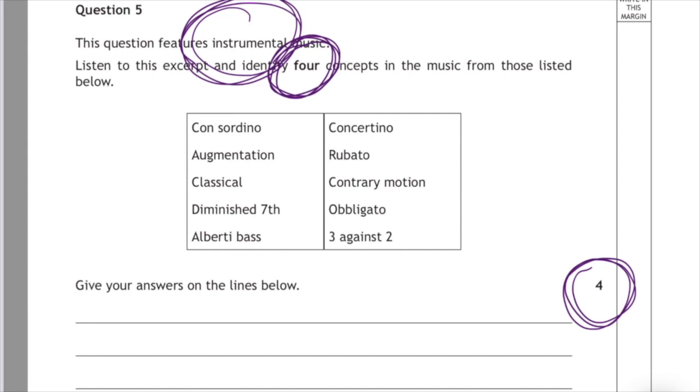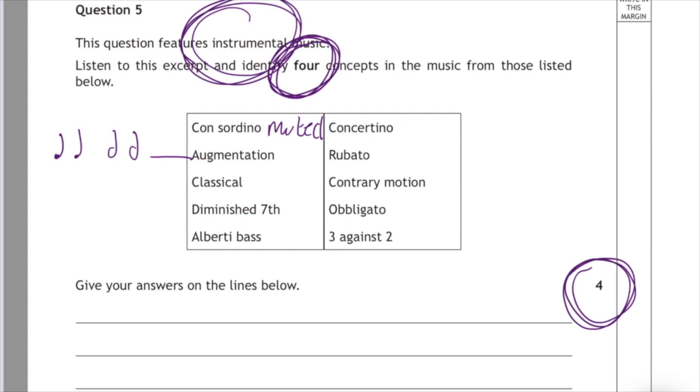I would recommend that you pause this now and try and write some of your own definitions while I write some shorthand for each one. You could come back and check that yours are correct. For concertino, I would have something along the lines of the fact that that is muted. Augmentation, as we said before, is when the note values double, so it sounds like it's slowing down.